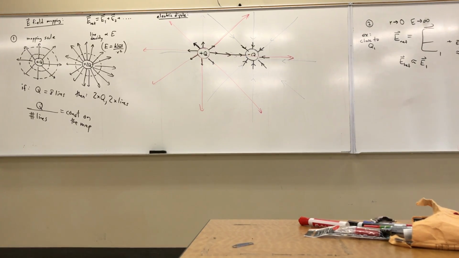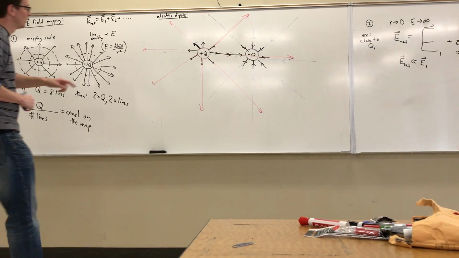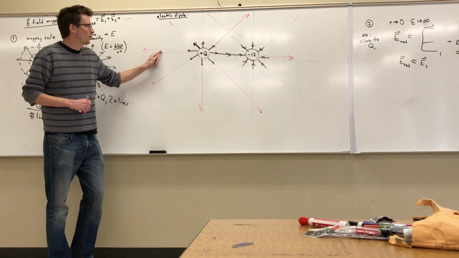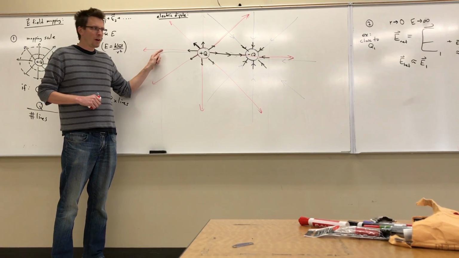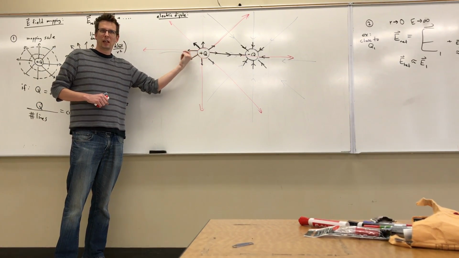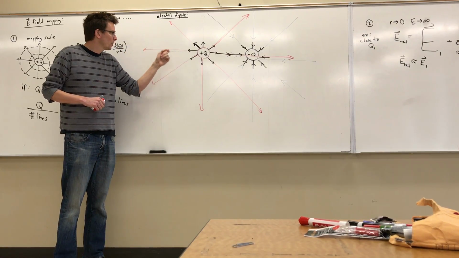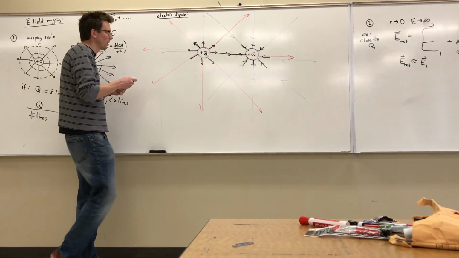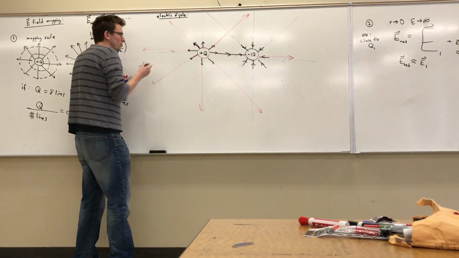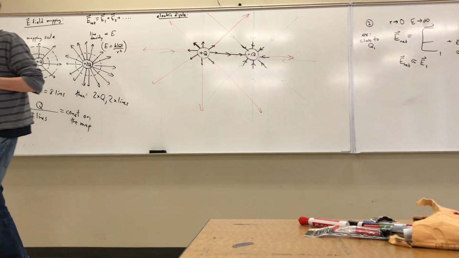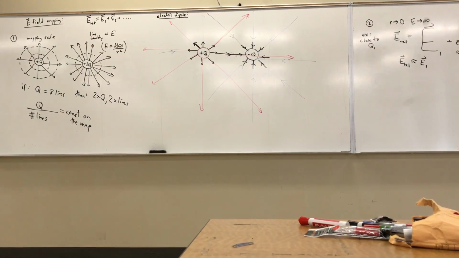The two charges disagree on the outsides. So out here, going away from the positive charge is to the left, but going towards the negative charge is to the right. So there's a left versus right. I'll label this one here. Are they going to cancel? Do you get 0?